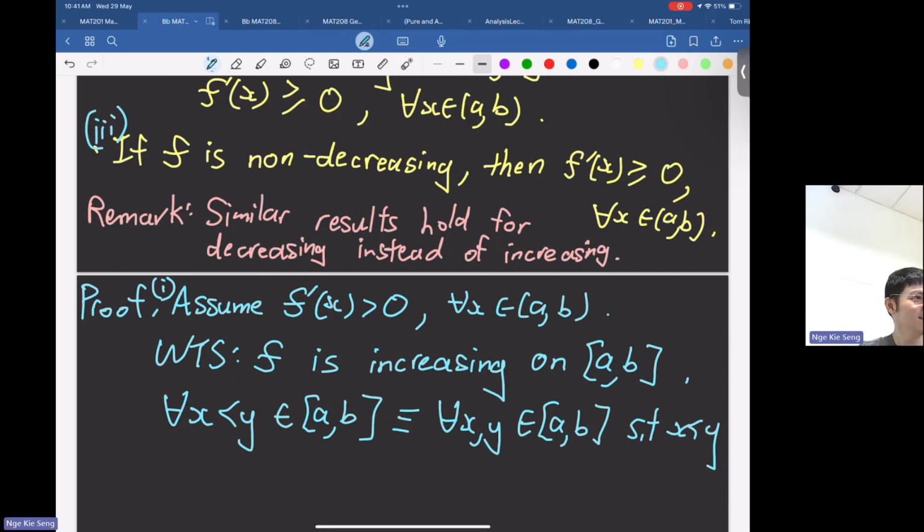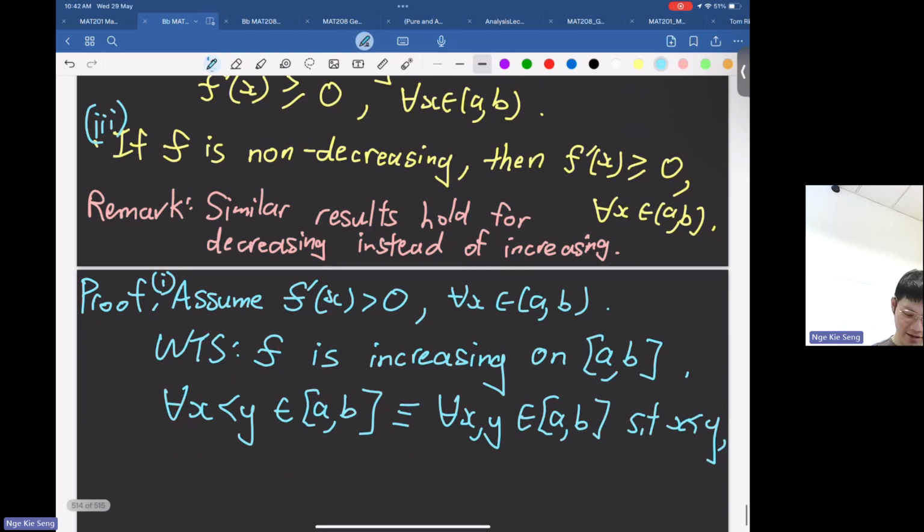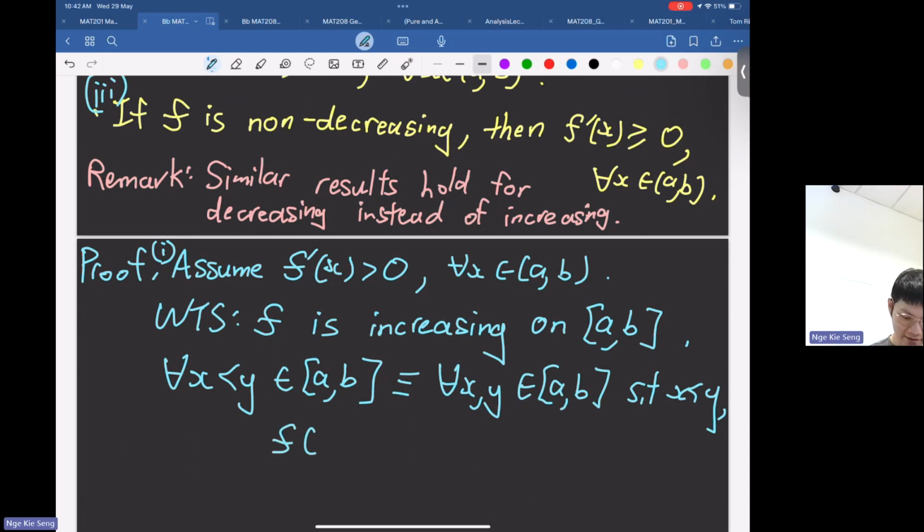We need to show that f(x) is less than f(y). When you increase x, your f also increases. So we need to do this.